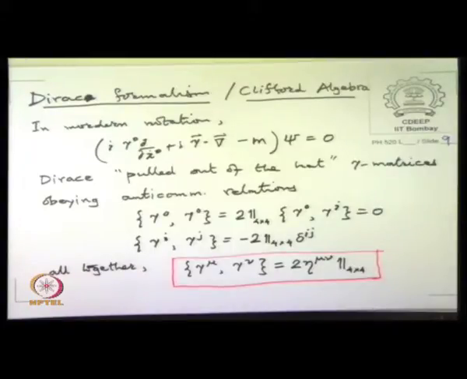So what is the utility of all this? The utility of this was that if you squared this operator, if you applied this operator another time, then you got a relativistic wave equation.